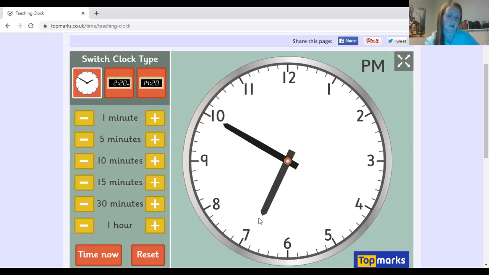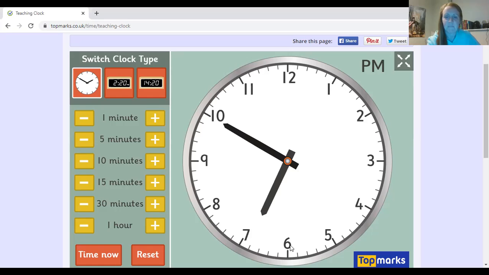Is it quite on the 7 yet? Or is it still sitting in our 6 zone? So if I just very slowly go down like this, follow the point. Is it on the 7 yet? Not quite. So we still call this 6. Now be careful, because the closer it gets to the next hour, it's getting close to 7 o'clock. We have to be really careful that we pick the right time. So this one here still sits in the 6 zone.